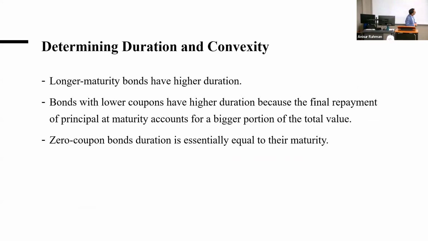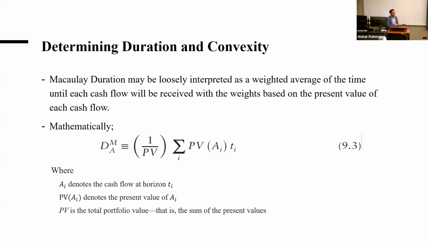So longer maturity bonds have higher duration. Again, why? When we calculate this, you will see it more clearly, but the weights are based on the present value of each cash flow and the weights are multiplied by time.